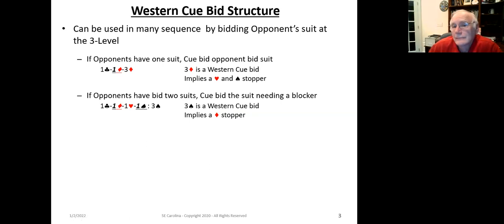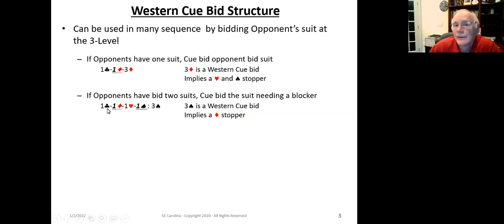So again, you've got this situation where the opener bids three spades. This is going to be a Western cuebid. It implies the opener has a blocker in diamonds and says, hey, I think we can make three no trump if you have a spade blocker. So with a spade blocker, you'd bid three no trump. Otherwise, you would bid four clubs.